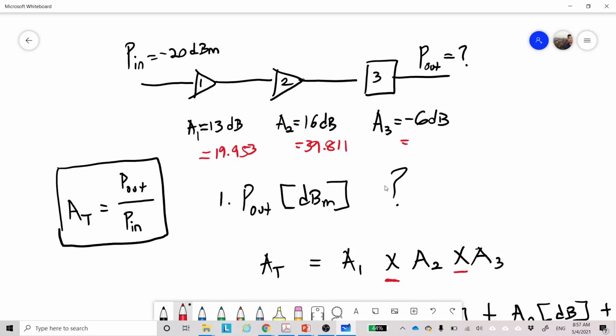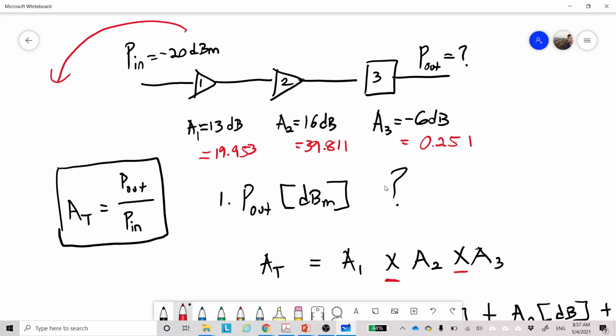And this one is minus 0.6, so 0.251. And how much is minus 20 dBm?